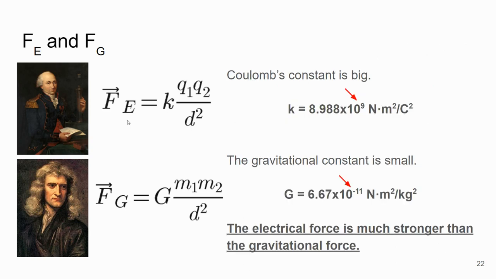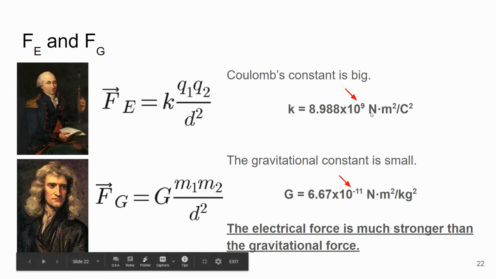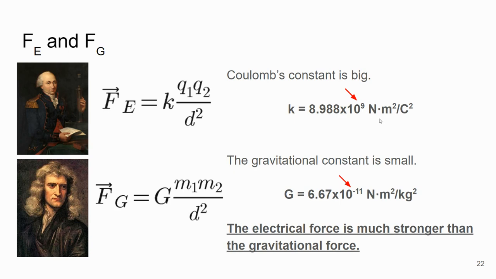If we're looking at the constants, this little k versus this big G, little k is a very big number. It's something times 10 to the 9th newtons meter squared per coulomb squared. Comparing this to the gravitational constant, that's 6.67 times 10 to the minus 11th.